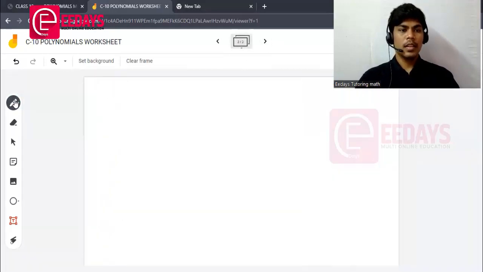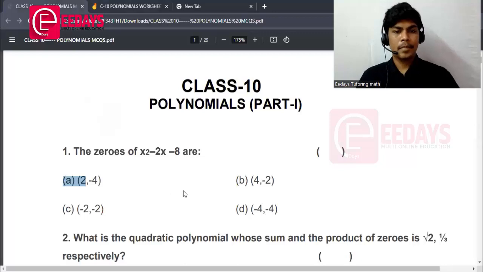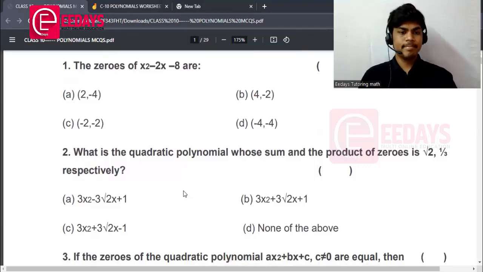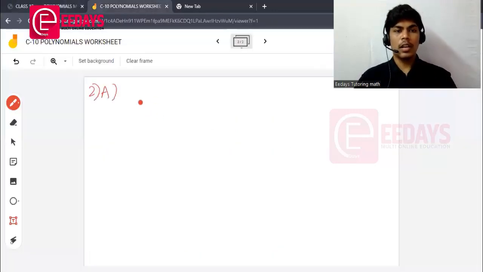Okay. Let's move on to the second question. What is the quadratic polynomial whose sum and product of zeros are root 2 and 1 by 3?